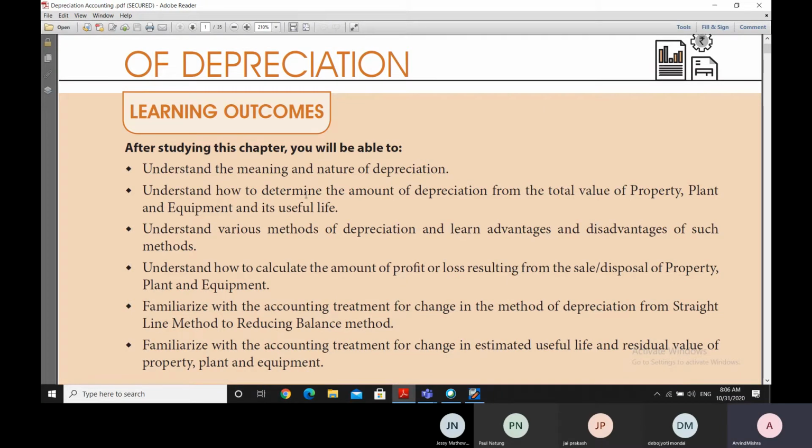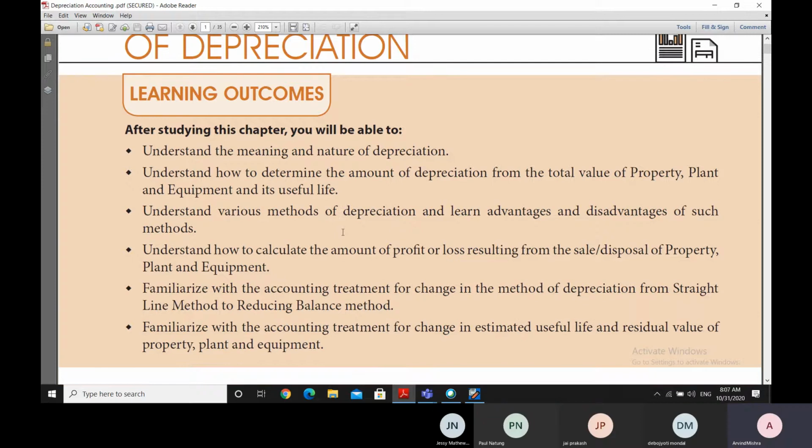We'll also know how to calculate the amount of profit or loss which results from the sale or the disposal of the property, plant, or equipment. We'll also learn the accounting treatment for when we make the change in the method of depreciation from straight line method to reducing balance method.